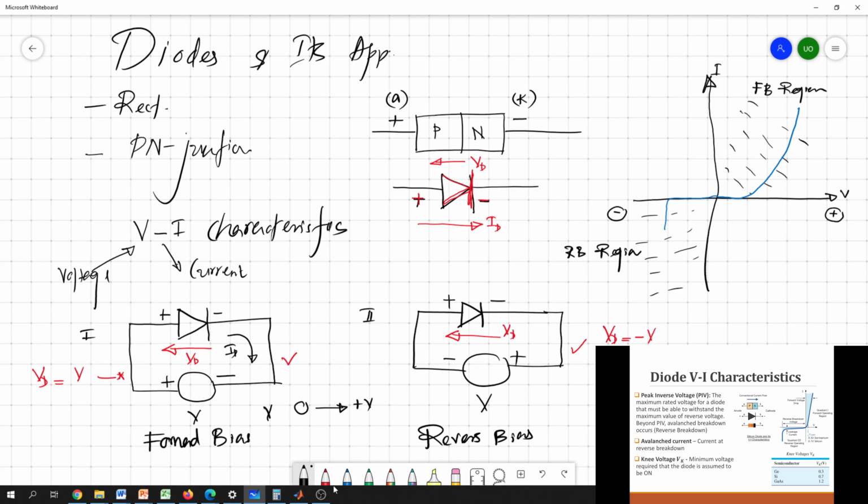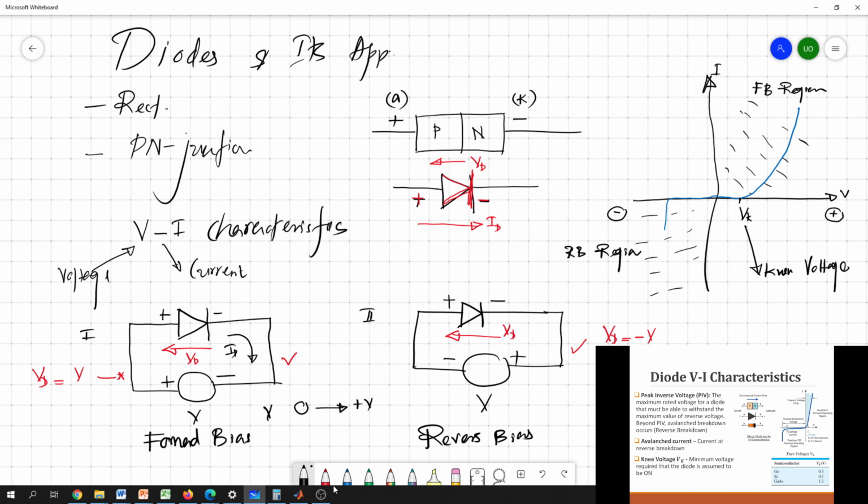Let's call this VK. This is the knee voltage.